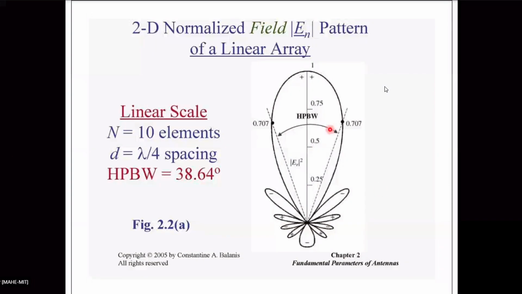So plus maximum, becomes 0, then minus maximum, then again 0, then plus maximum, then again 0, then minus maximum, again 0, plus maximum, minus, like that. You will not be able to appreciate it unless you know the expression for this pattern.